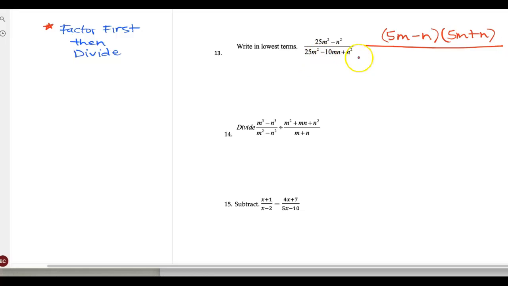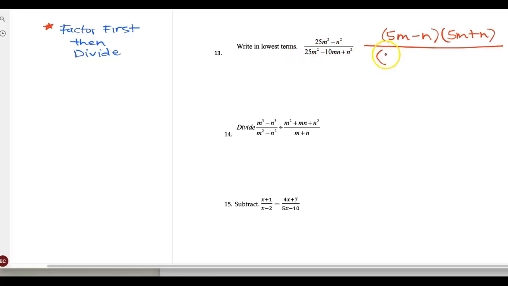And then on the bottom, this is a trinomial now, so I need to think about what I'm doing here. Well, what times what is 25? This one is a little bit trickier for some people because they're thinking that n squared is their second term. But really, I can see that this is a perfect square trinomial.